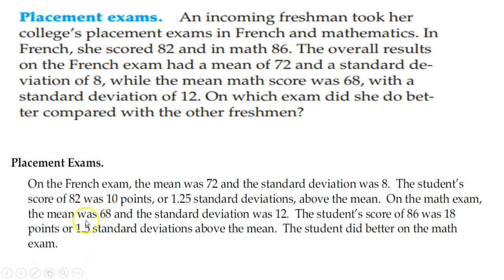On the math exam, the mean was 68 with a standard deviation of 12, and she scored an 86. So you take that 86 minus the 68, and then divide by the standard deviation of 12, and she got 1.5. The student's score of 86 was roughly 1.5 standard deviations above the mean. So technically her score was higher on the math, but she actually did even better than the 82, not just because the score is higher, but because it was 1.5 standard deviations above the mean.